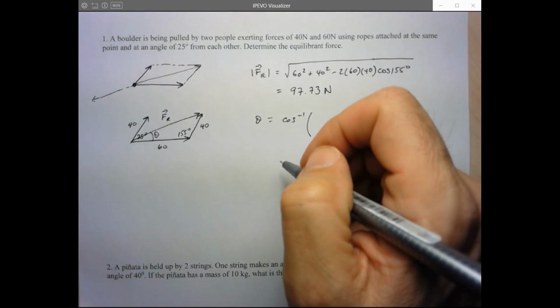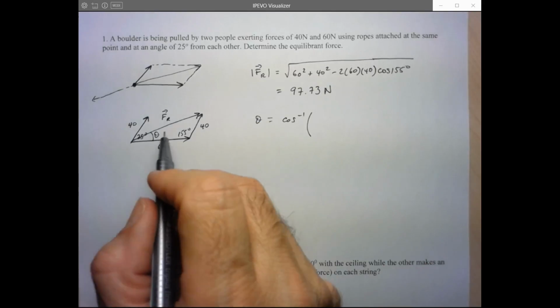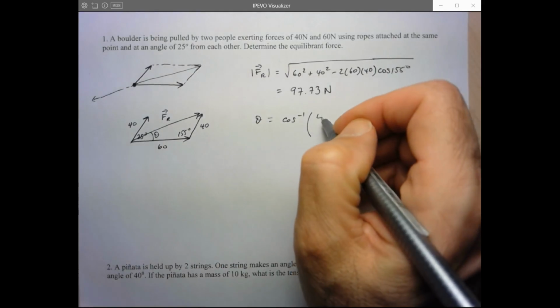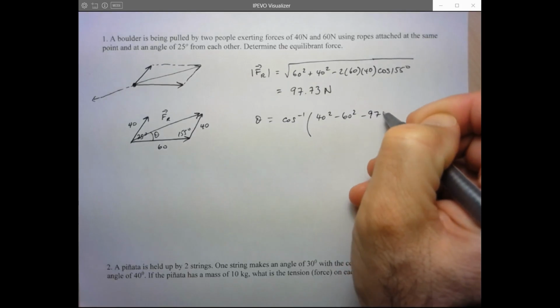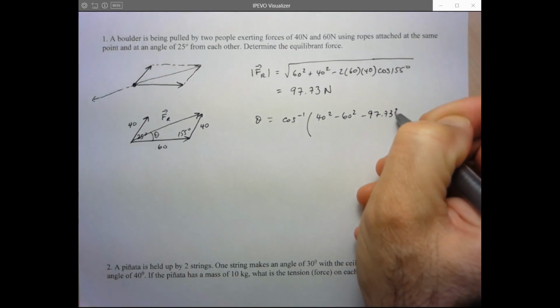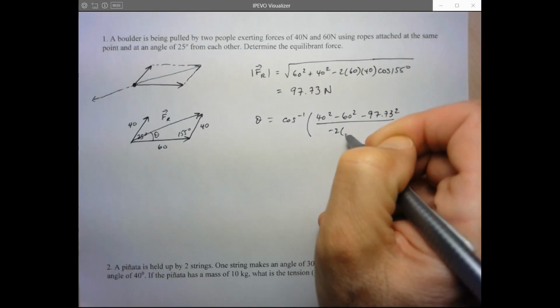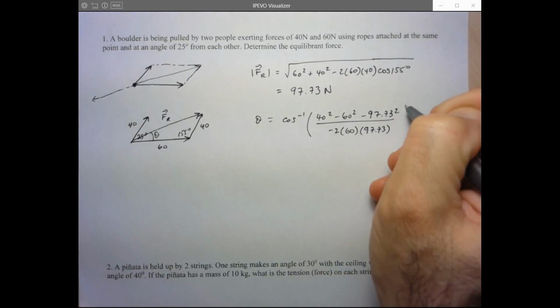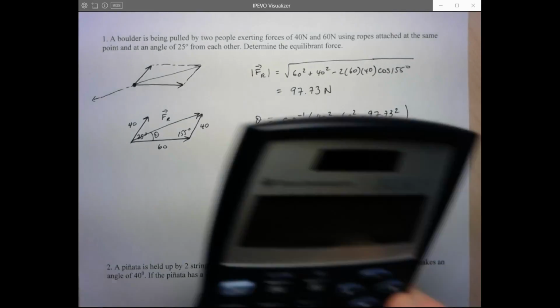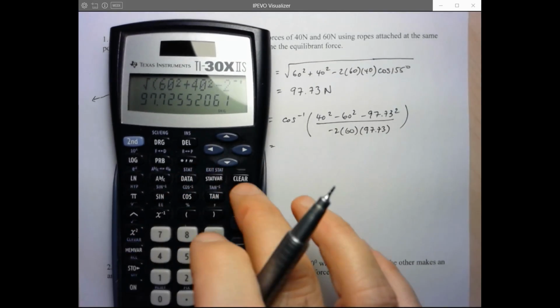All right. So what do we have? Theta, its opposite side is 40. So that means 40 squared minus 60 squared minus 97.73 squared all over negative 2 times 60 times 97.73. All right. And let's calculate that here.